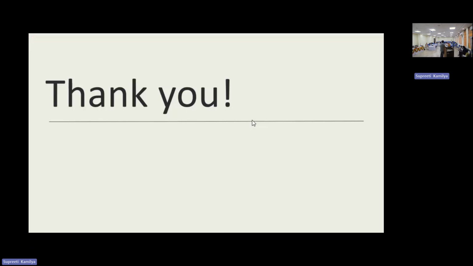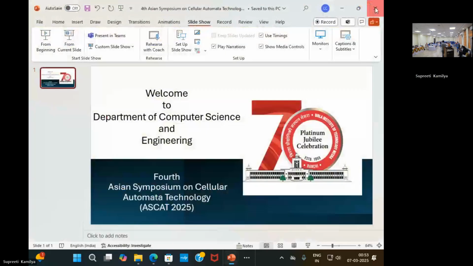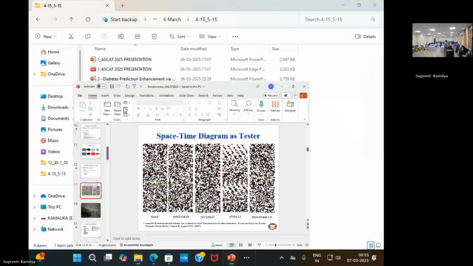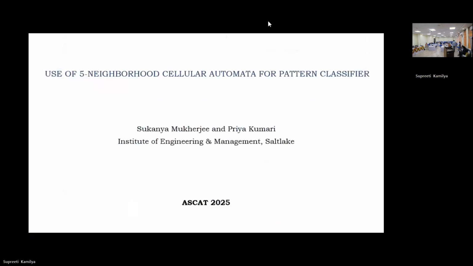So the next is use of five neighborhood cellular automata for pattern classification, by Sukanya Mukherjee. Previously it was three neighborhoods, so it will take 15 minutes. Now it is five neighborhoods, so maybe 20 will be allowed. The next time, 25 minutes for seven neighborhoods.